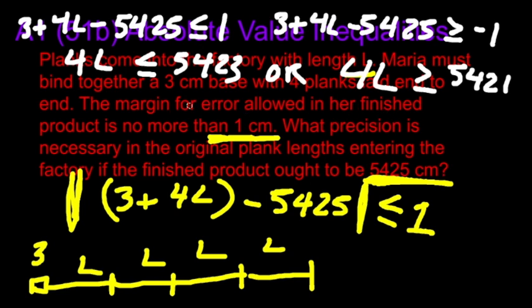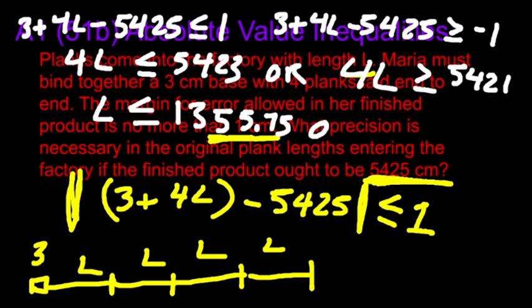All right, then we're dividing by 4 on both sides, and we have L is allowed to be less than or equal to 1,355.75, or L can be greater than or equal to 1,355.25.